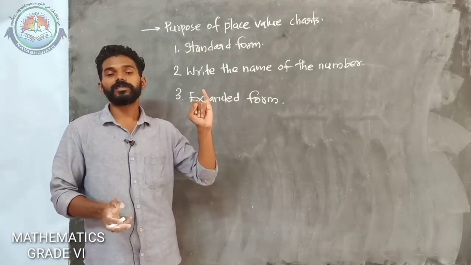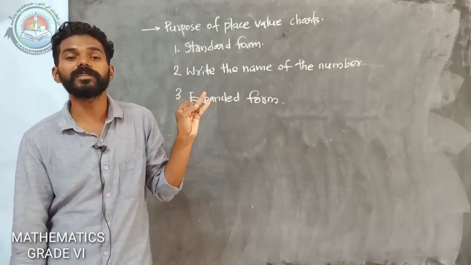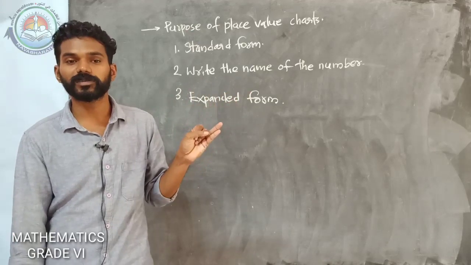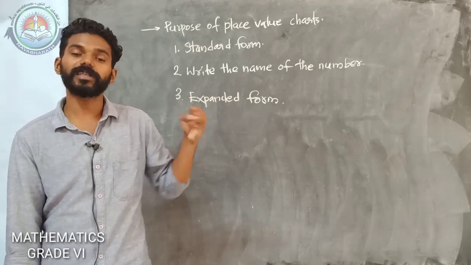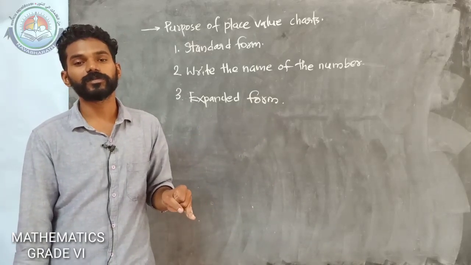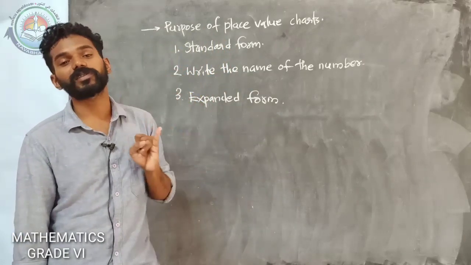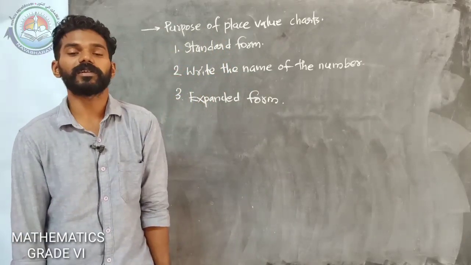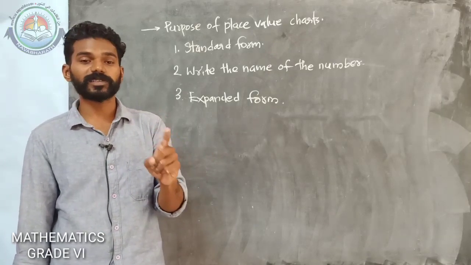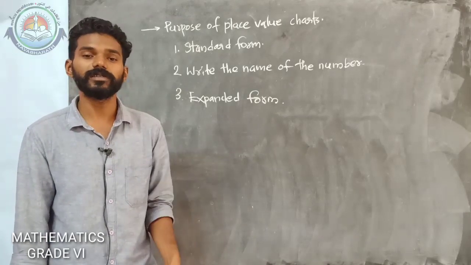So for ease of identifying values and comparing a number with other numbers, we express the given number in different forms, according to the Indian number system and the international number system. So basically we express a number in three different forms in both systems.